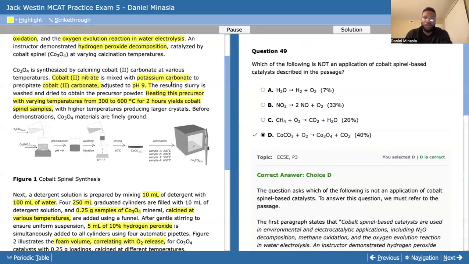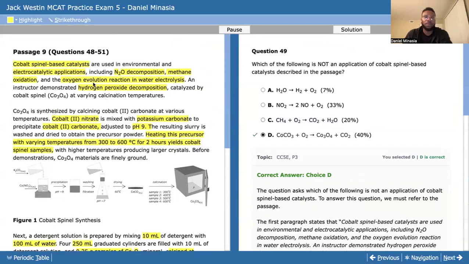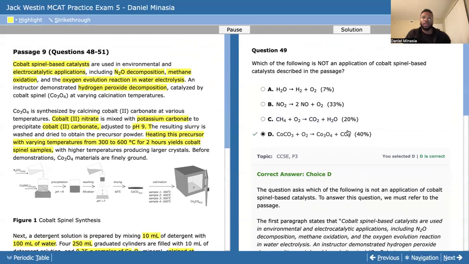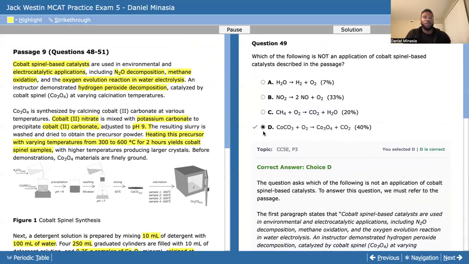So this is pretty much a simple interpretation question. You got to read the question, you got to interpret it, and you got to know what they're asking you for. In this case, they were asking what are the applications of cobalt spinel based catalysts, not how is a cobalt spinel based catalyst formed.